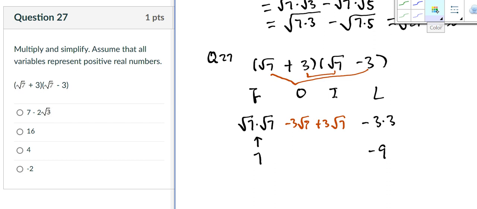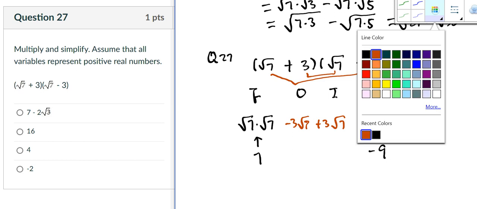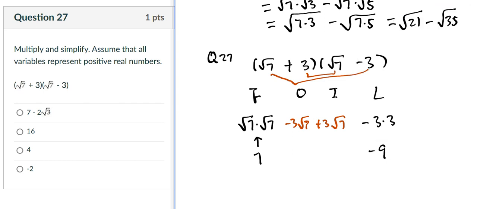In this case, one is positive here, one is negative here. Again, the outer product and the inner product will be cancelled. So then in this case, you only have 7 minus 9, which is negative 2. So which one is our answer? The last one, negative 2.